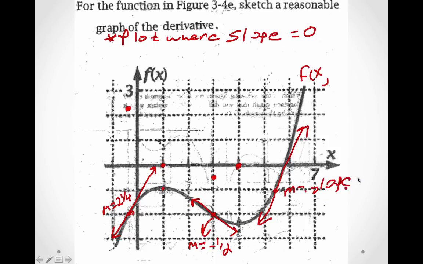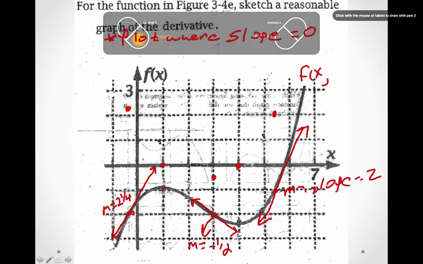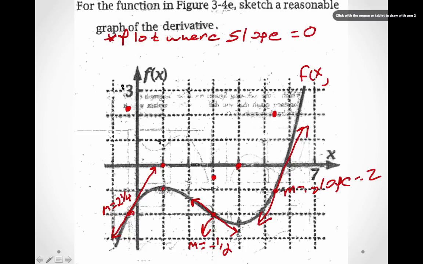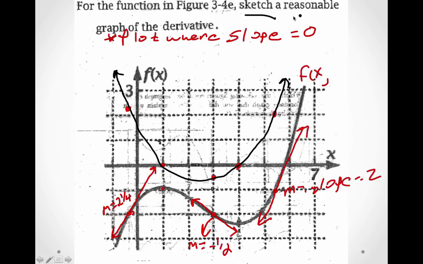Again, they said reasonable sketch. So if I went up here, does it make sense that I can then connect my dots and make a parabola? I think so. So we have sketched a reasonable graph of the derivative.